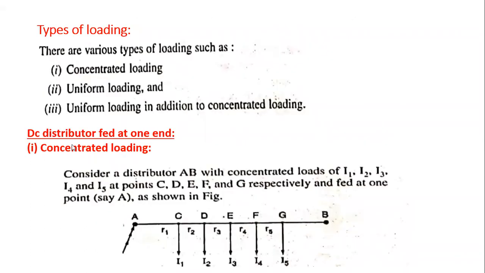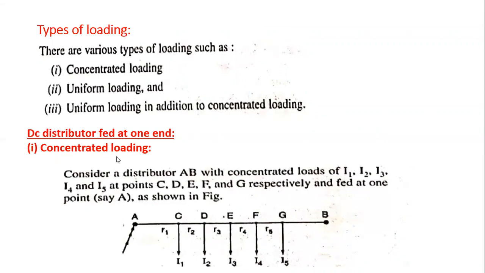Okay, this is the derivation for the DC distribution fed at one end for concentrated loadings. Concentrated loadings means different loading currents: I1 is different from I2, I2 is different from I3, I3 is different from I4, and I4 is different from I5. That means non-uniform loads.